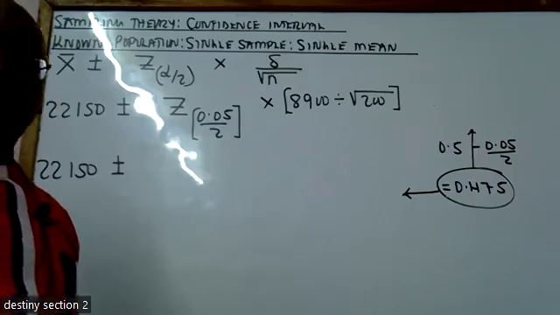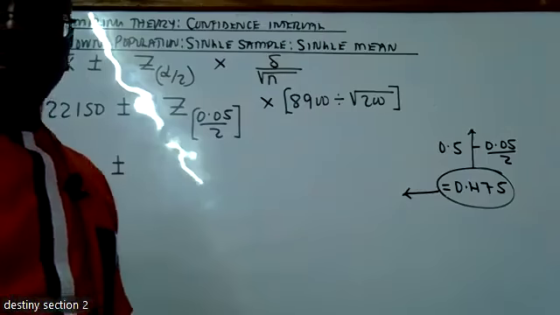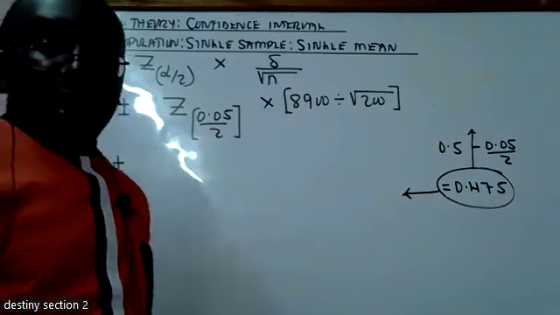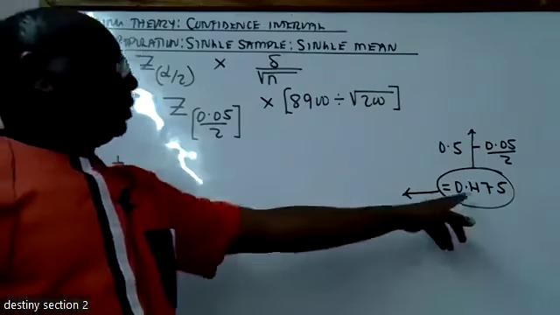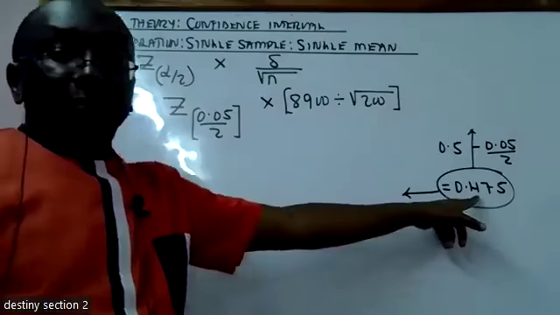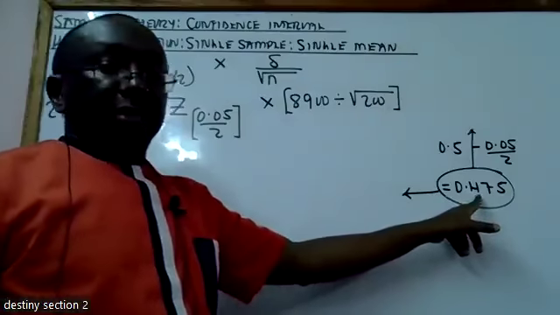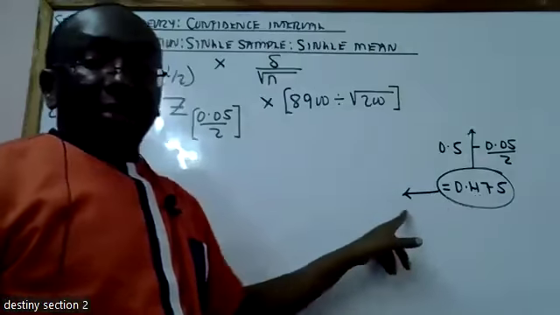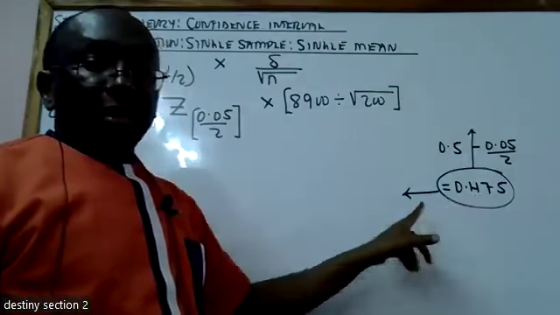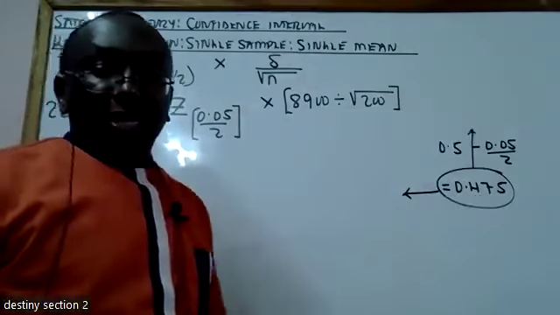So when you go to your normal tables, at the back of the past papers, if you forgot where they are, look for 0.475 inside. Once you find it, read the value that is on the row and the value that is in the column in the titles.